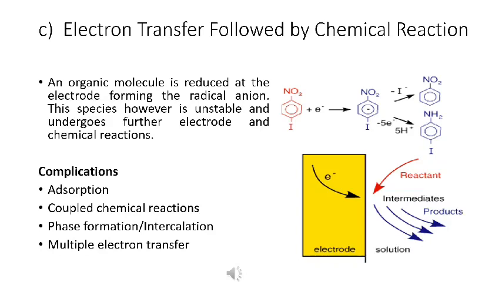So it forms a new product, an amine, so this is nitrobenzene forming aminobenzene. This is a more complex reaction: from reactants to a new product which is an unstable intermediate, then electron transfer occurs, then it produces new products.